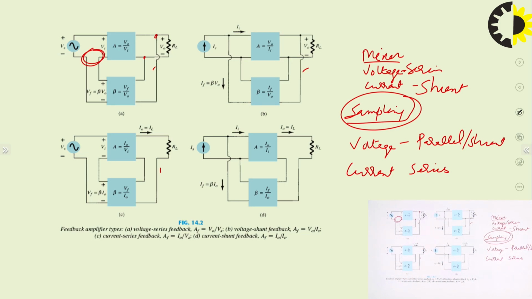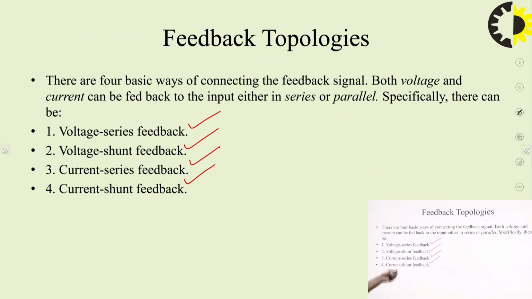So, if you see this configuration, try to understand. At the output side there is a voltage, at the input side there is a voltage. So, it is actually a voltage feedback amplifier. Earlier we have seen these 4 names: voltage series, voltage shunt, current series, current shunt.